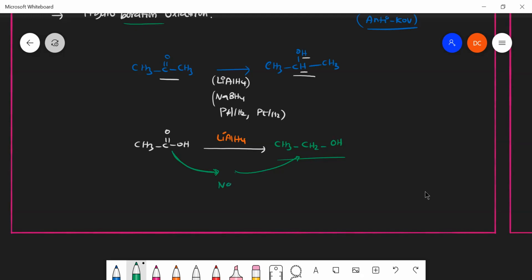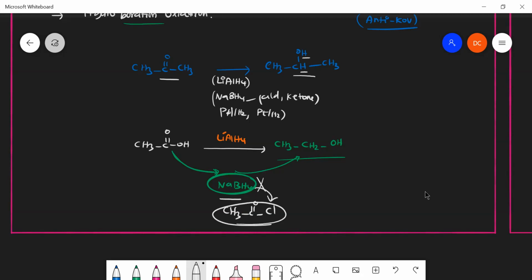Okay. Can we use NaBH4 here? NaBH4 is only for aldehydes and ketones. No, we should not use NaBH4. It is not for carboxylic acid and its derivatives. But NaBH4 is used for reducing acyl chloride.